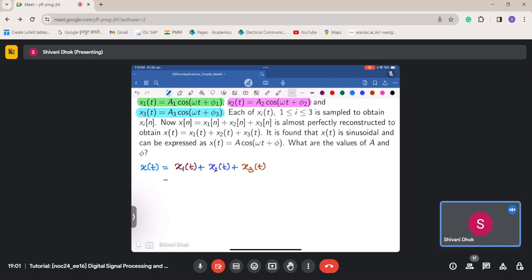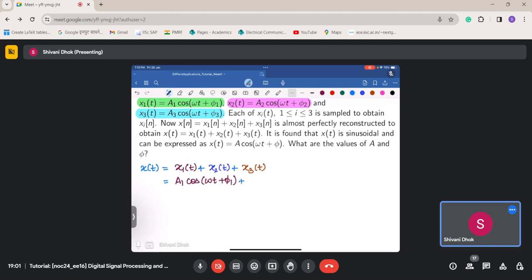So this I can write as x1t is a1 cos omega t plus phi 1, plus a2 cos omega t plus phi 2, plus a3 cos omega t plus phi 3.